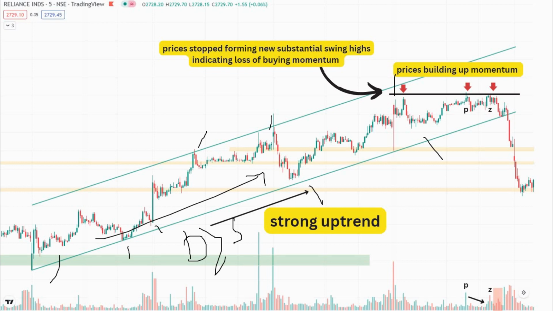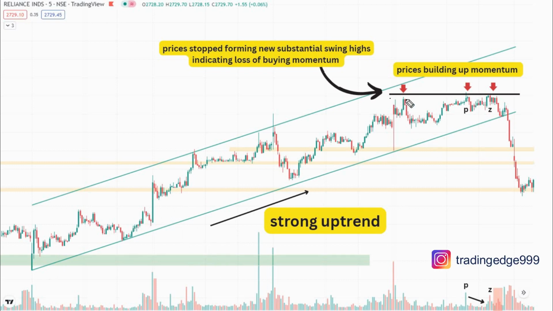Now here, what happened? From here, prices have stopped forming a higher high, higher low formation. So what is this indicating? This is indicating that after this substantial rally, prices are now exhausted and buyers are not interested enough here to buy and push the prices towards the upside.